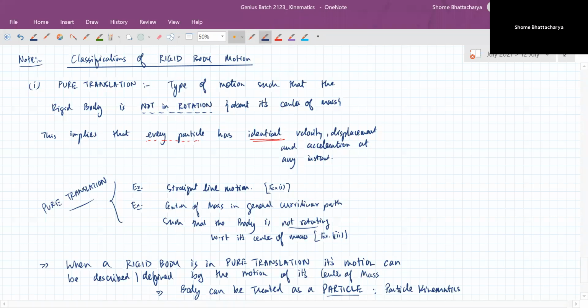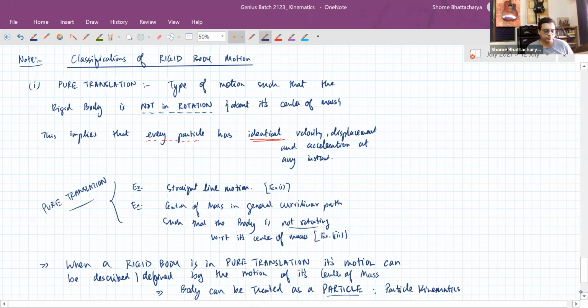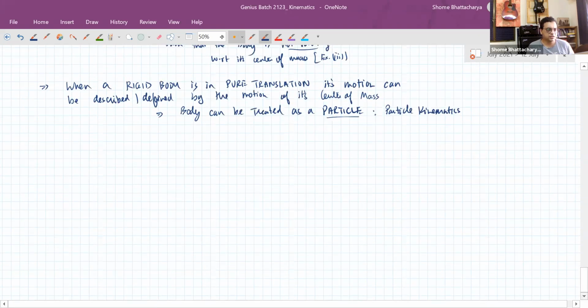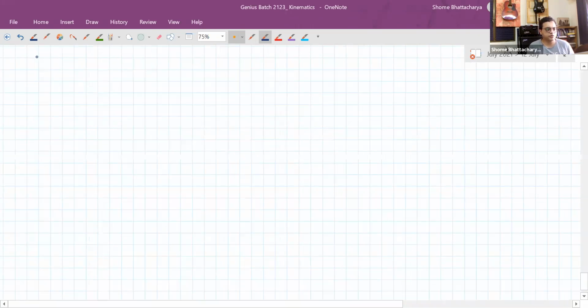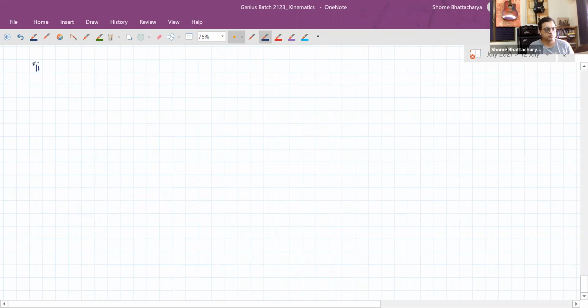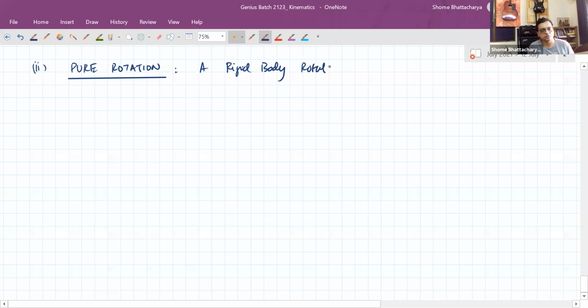So the definition of pure translation, I hope, is clear to all of you. Now, the second category of motion for rigid bodies we'll see is called pure rotation. This definition we've already seen above, but we will just repeat it here. So pure rotation is when a rigid body rotates about a fixed axis.